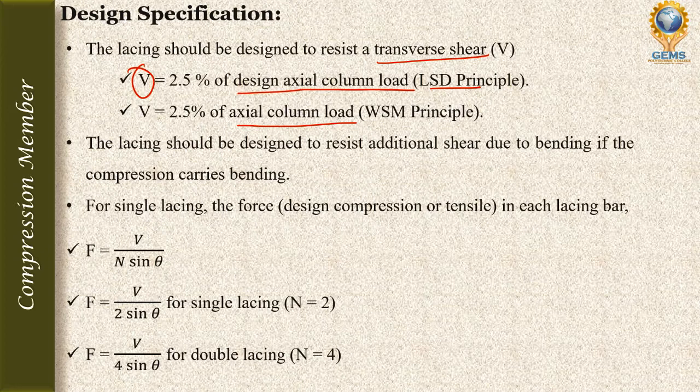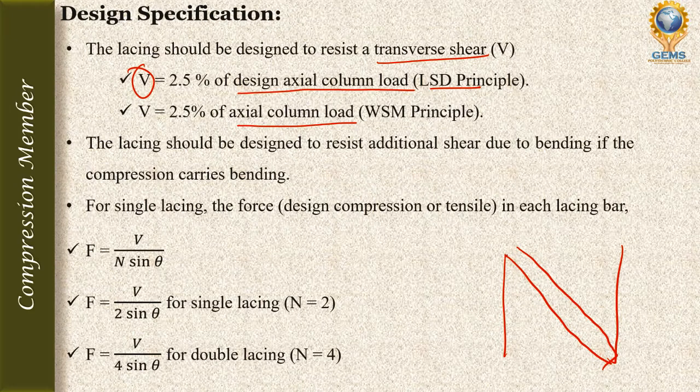The lacing should be designed to resist additional shear due to bending if the column carries a bending moment. So how can we find the forces? So assume this is one of your lacings.